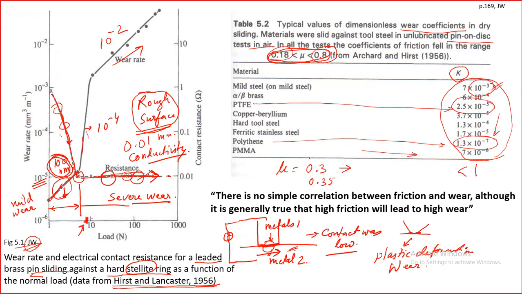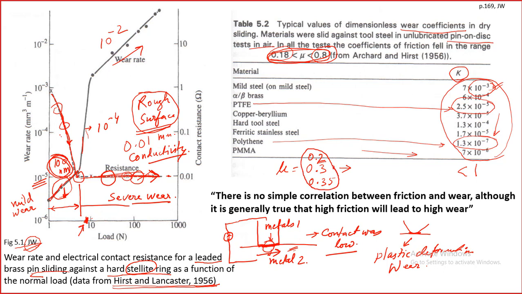Similarly, from 0.3 to, if I make it 0.2, it is such a big difference. So in terms of mu, we should be careful in choosing what kind of value of mu we take.